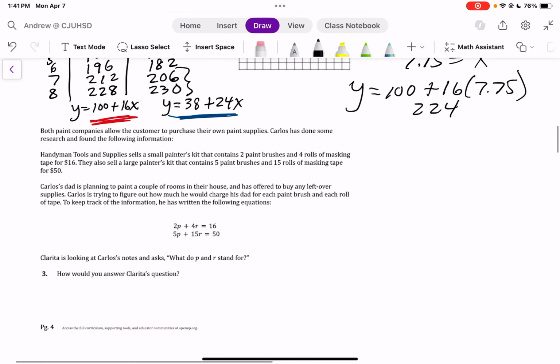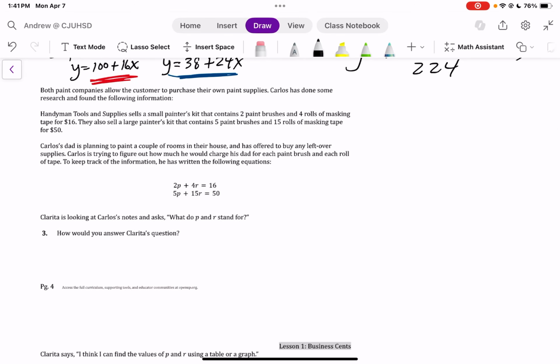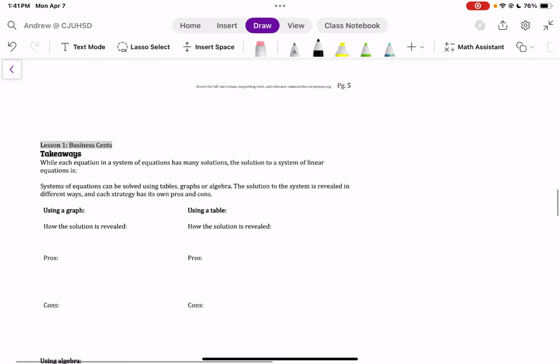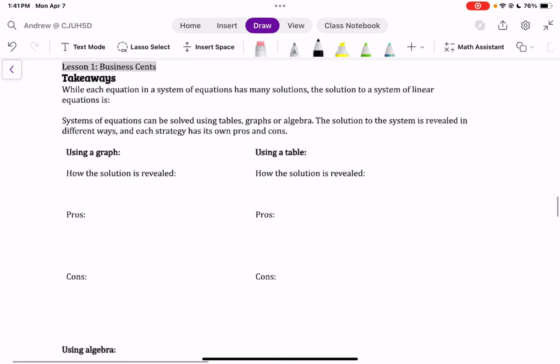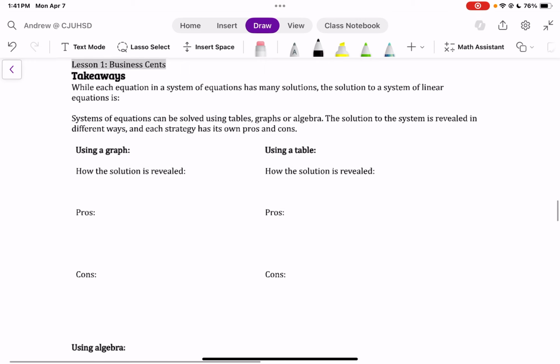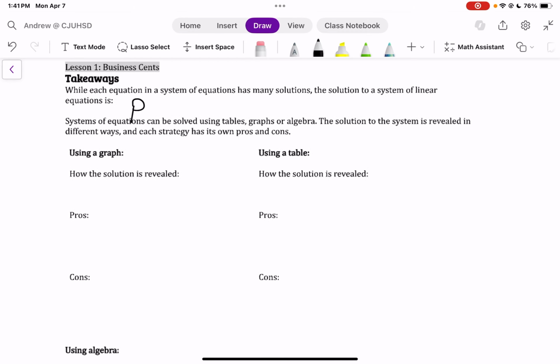So there's some more here we didn't quite get to in class, but let's look at the takeaways here a little bit later. Takeaways. So if we're going to find the solution of a linear system, we're looking for the point of intersection. Now, if you're going to use a graph, you're going to see the solution as a point.